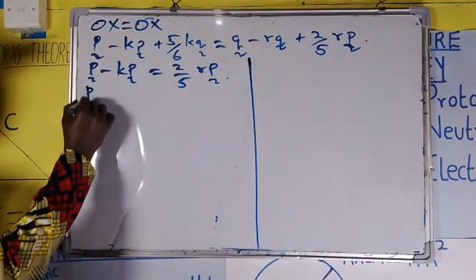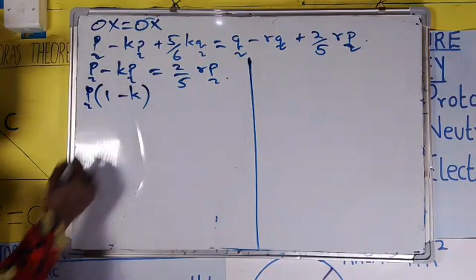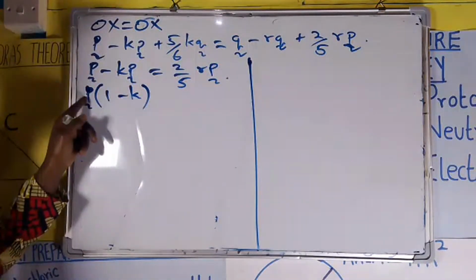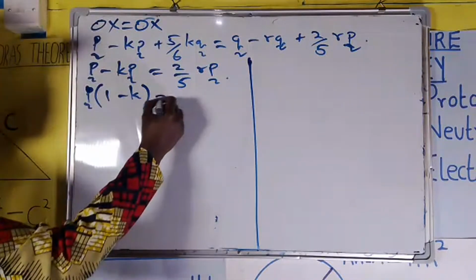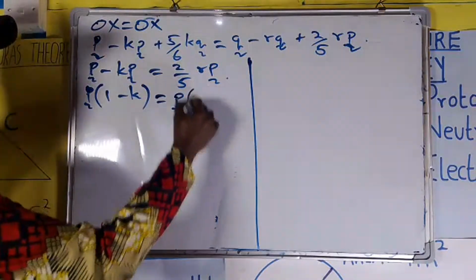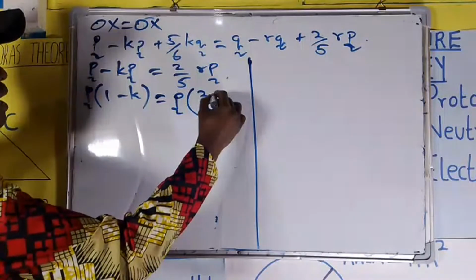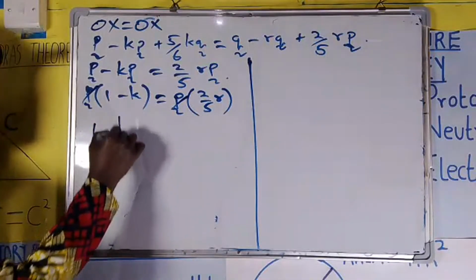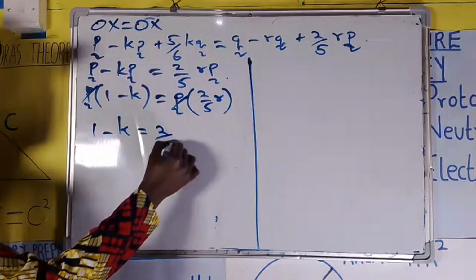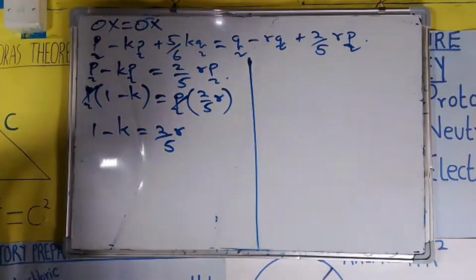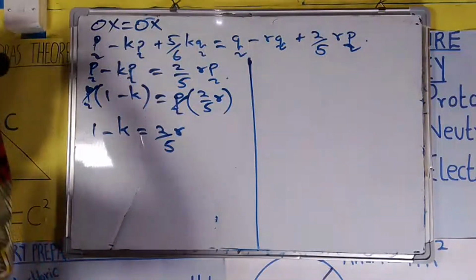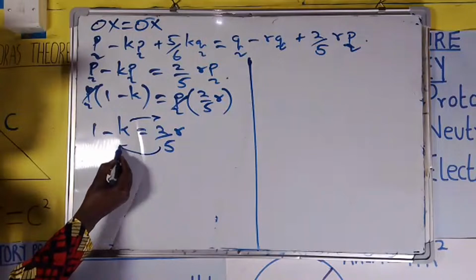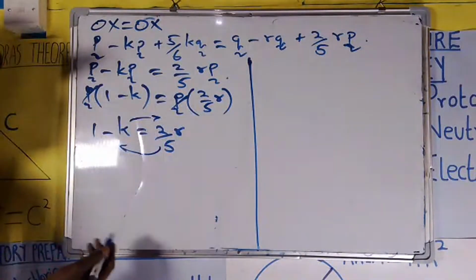So we will now factorize P outside and be left with 1 minus K, because P times 1 is P and P times negative K is minus KP, is equals to, we take P outside and we are left with 2/5 of R. Once we have that, we can cancel P and we are left with 1 minus K is equal to 2/5 R. So from here, we can take K to the other side so that it becomes positive, and we can bring this to the other side so that we have K on one side.